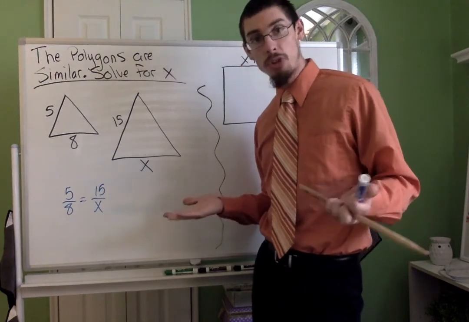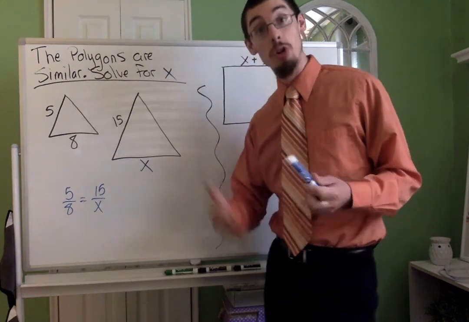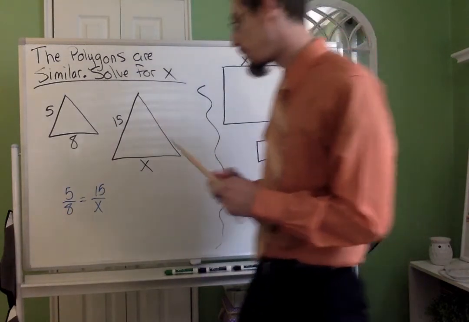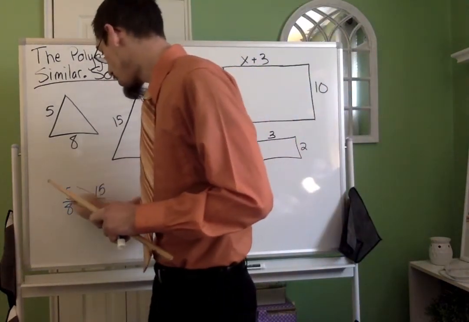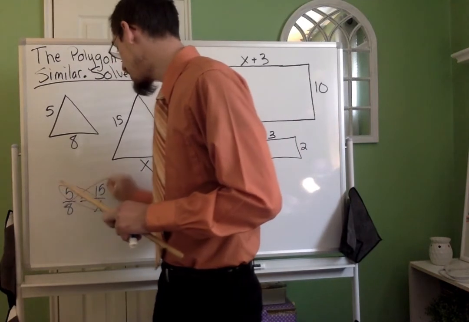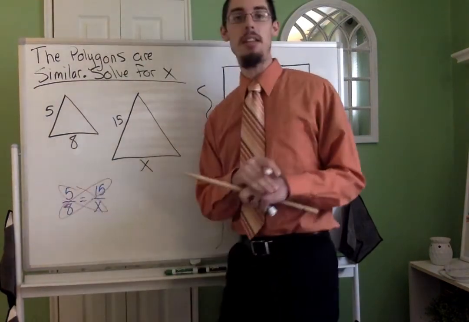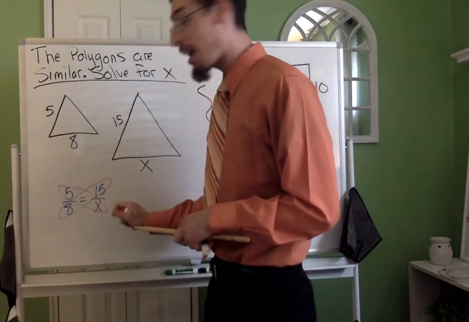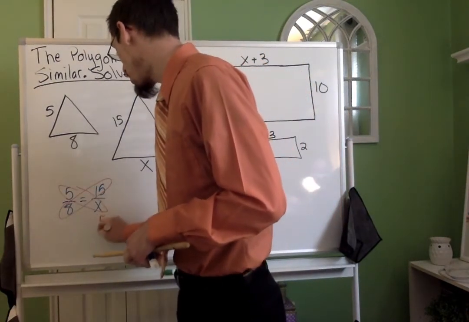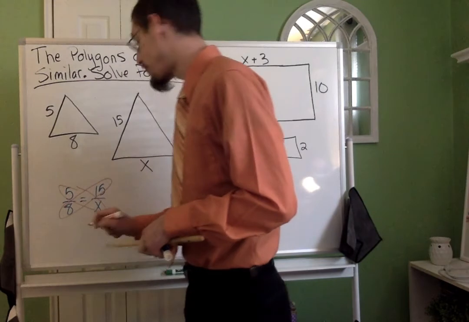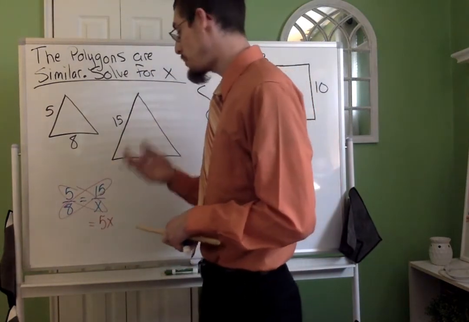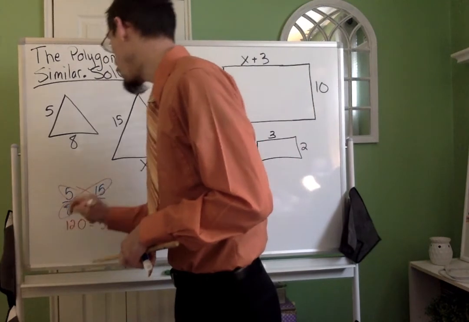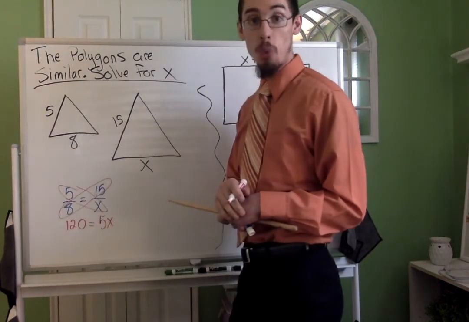And then you just solve using cross multiplication. 5 times x, and 8 times 15. So 5 times x is going to get you 5x, and 8 times 15 is going to give you 120.